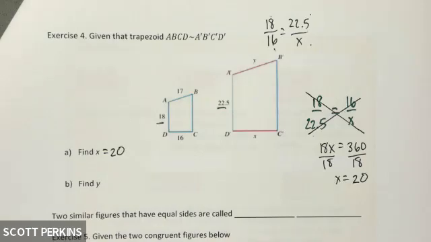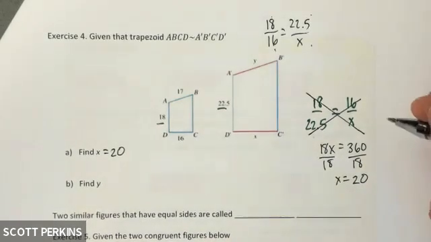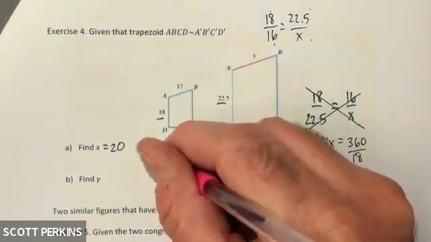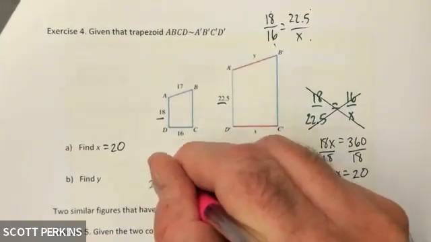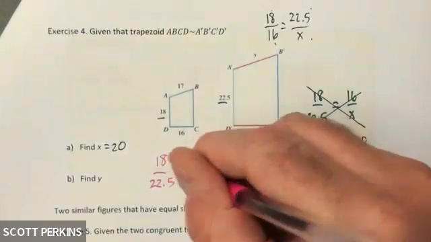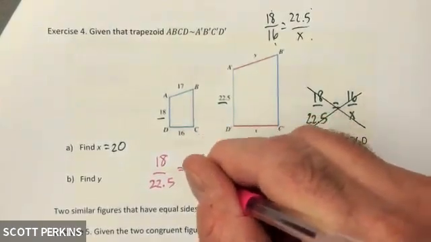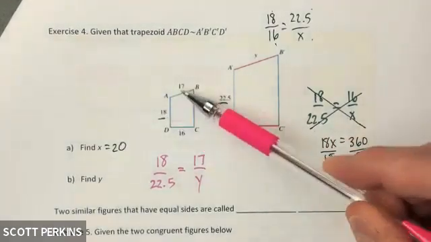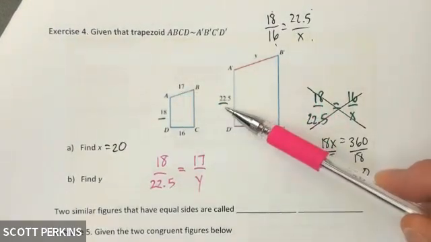So then for the y problem, same sort of thing. I've got my 18. I'm going to do the work right here. I've got my 18 to the 22.5, 17 over y. Once again, same thing. Or if you did it as was just mentioned, you might have done 18 over 17 is equal to 22.5 over y.